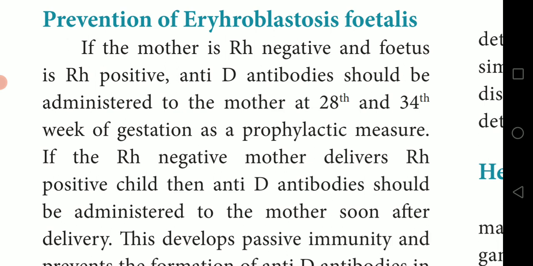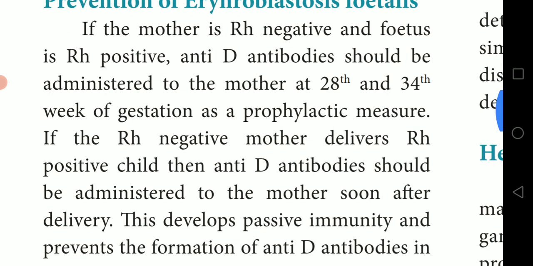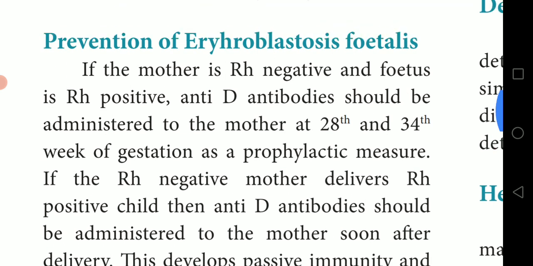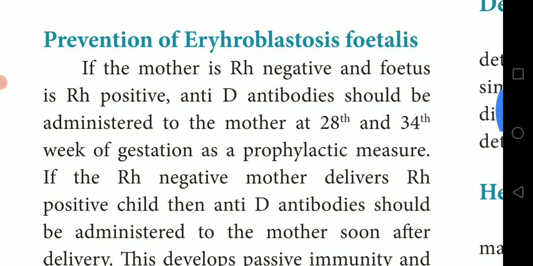Prophylactic measures mean we can reduce further damage and the occurrence of adverse events. The first baby does not get any disease, but the second baby may undergo erythroblastosis, or may even die.